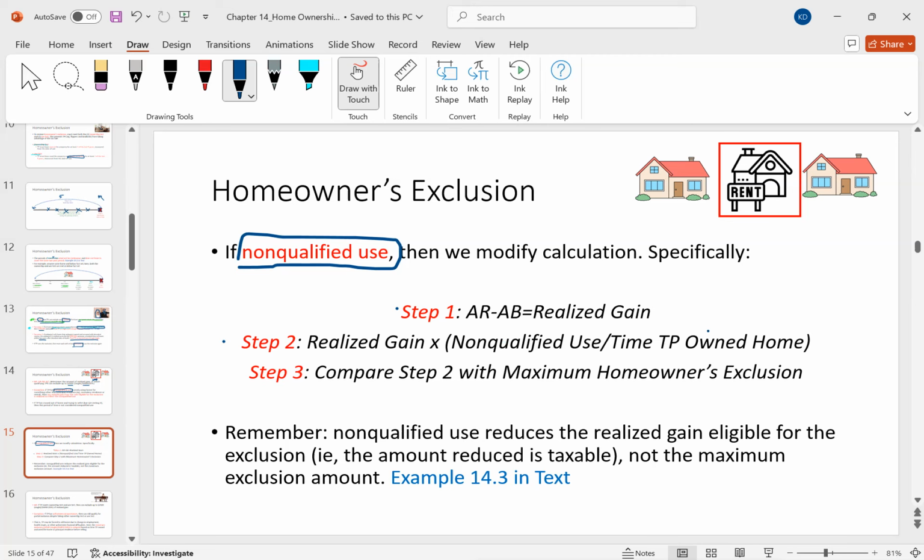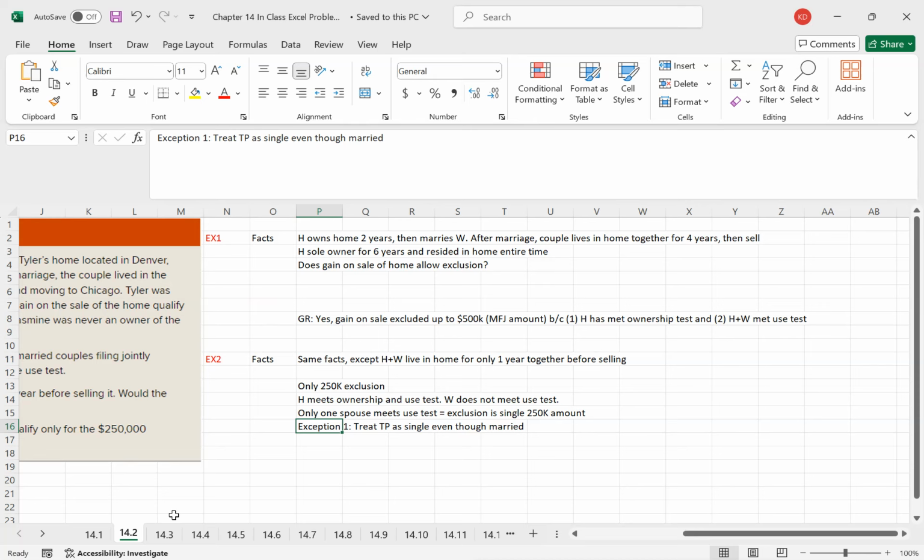That tells us how much of our realized gain is going to be ineligible. In other words, we do not get the exclusion for it and it is taxable. Once we exceed the maximum exclusion, we're still going to have that tax, but let's look at an example to show this. It's easier to show it with some numbers.